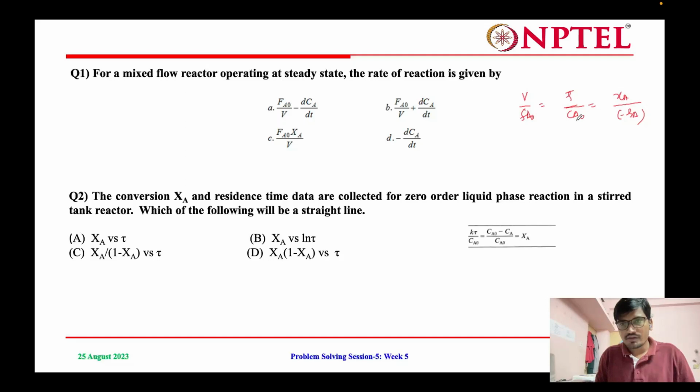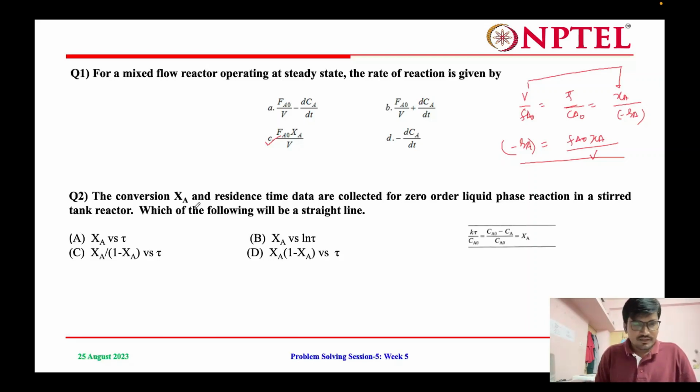This is a concentration, and here is the rate of reaction, RA. So the option C is right.